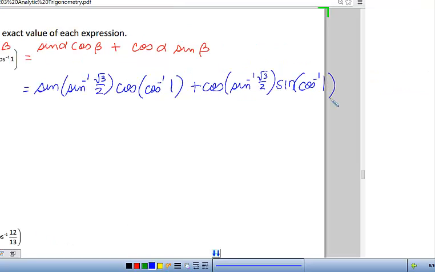All right, so we've got it written out according to the formula. Now we need to go back and try to figure out what all of our different pieces are for this.